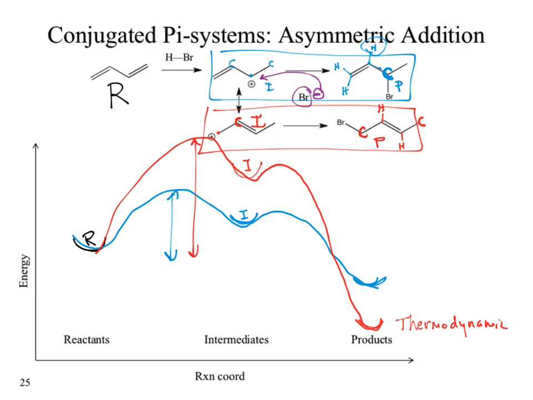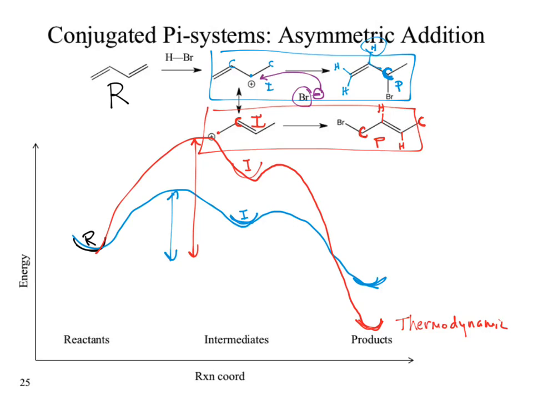Okay? So what does the intermediate tell us? Which product is more likely to form, the thermodynamic one or this blue one? Why would the blue one be more likely to form in this picture? That first step is really easy to clear that activation barrier because it's lower in energy. Why is it lower in energy?